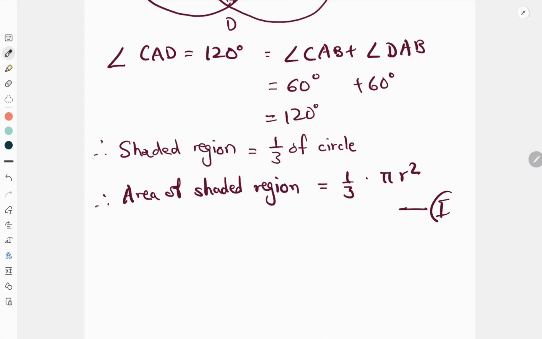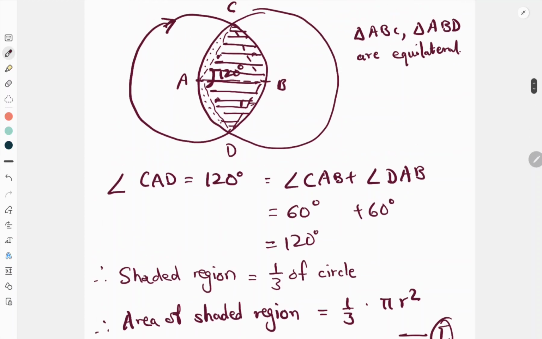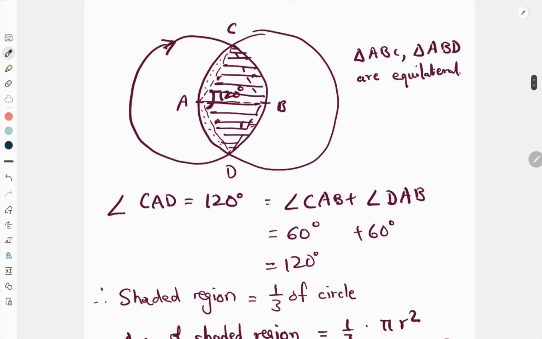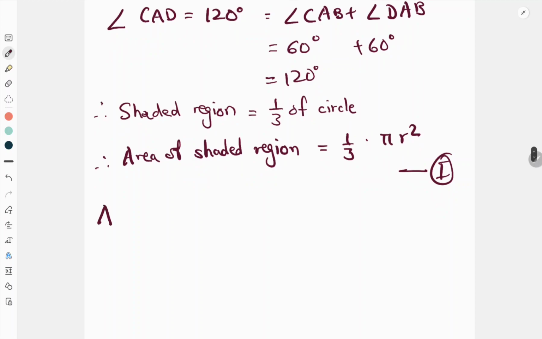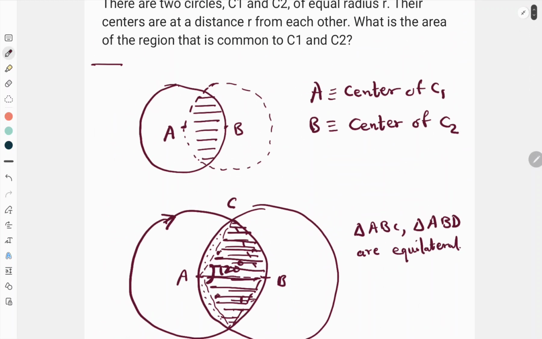Let's call this 1 and remember this. So the area of this shaded region is 1/3 pi r square. That's good to know, but we also have to calculate the area of the dotted region. So now the question is, what is the area of the dotted region? Let's find that out.